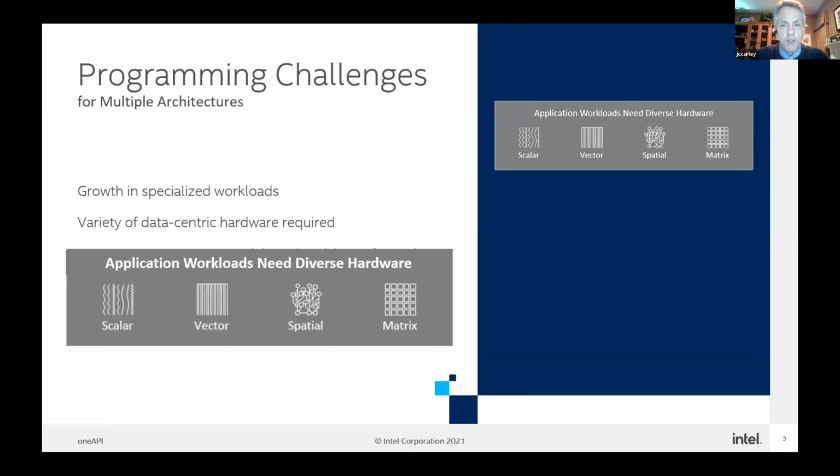FPGAs and spatial accelerators have unique attributes. And as we look at deep learning, matrix processing becomes much more consumable. So you sometimes have combinations of these inside packages. A GPU may have a vector engine and a matrix engine, or they may be separated inside the system.